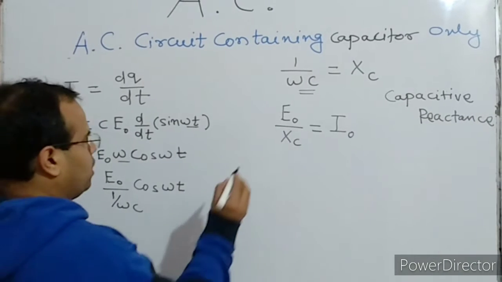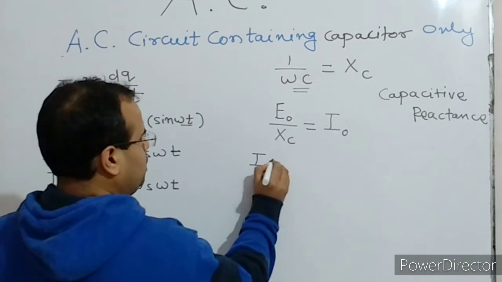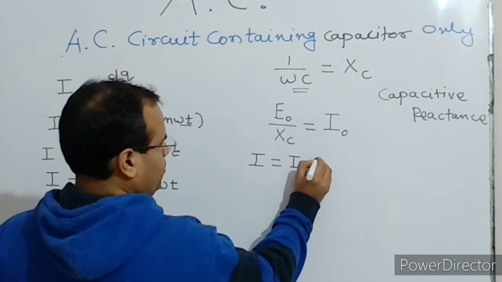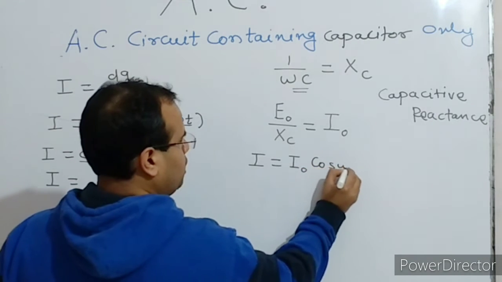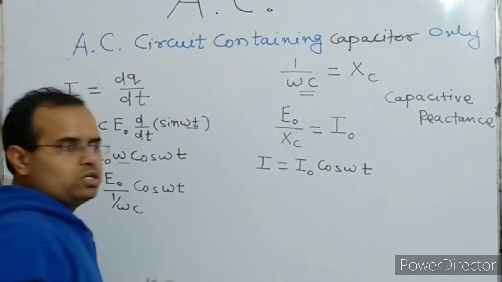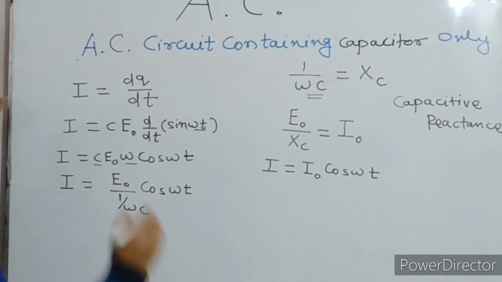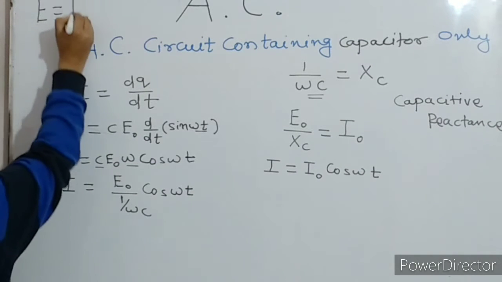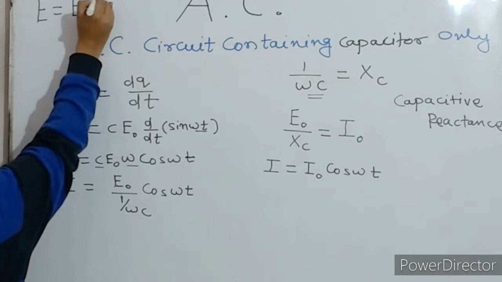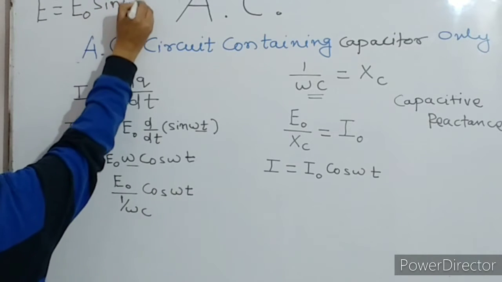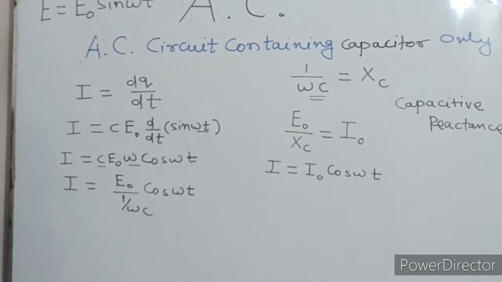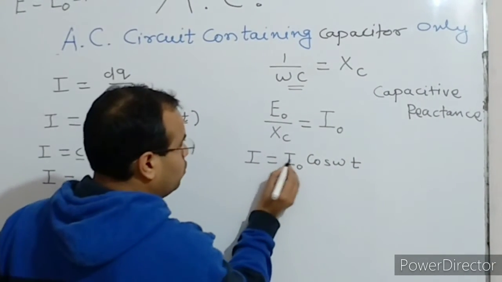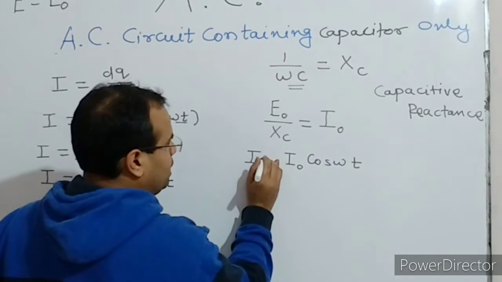So here you can write I equals I naught cos omega t. Because we always know the expression for E is E equals E naught sin omega t, we need to convert this cos into sin.